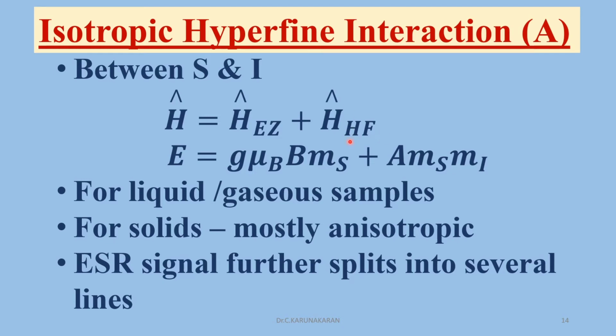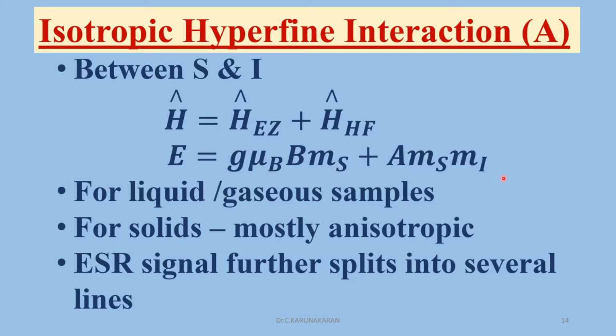The energy corresponding to this Hamiltonian is given by this. We have studied this: g mu B B ms, where ms is the quantum number plus or minus half, and the hyperfine coupling term, A is the hyperfine coupling constant. Ms is the electron spin magnetic quantum number, and MI is the nuclear magnetic quantum number.